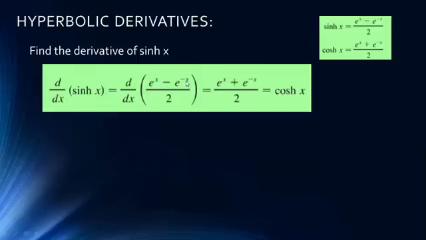Notice now we have a function in the exponent, so our derivative is e to the exponent and then the derivative of the exponent. So it's e to the negative x, but then the derivative of the exponent, negative x, is negative 1 times all of this.